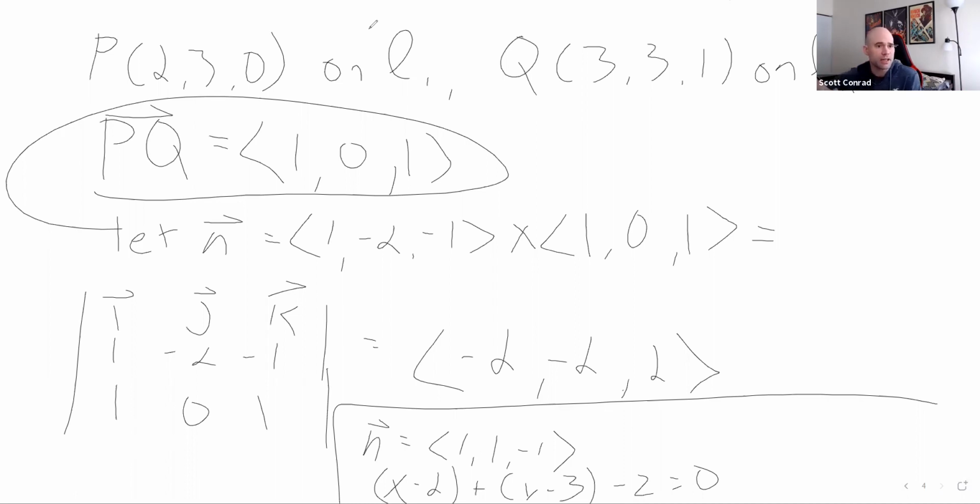So it's good to be able to look at an equation and recognize that that is still an equation for this plane. Right? The 1, 1, negative 1 is still parallel to our normal vector, which is still a normal vector. And we see the point 2, 3, 0 is still on there. Does that make sense?